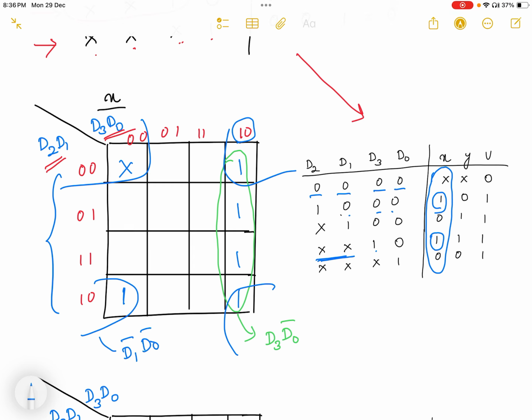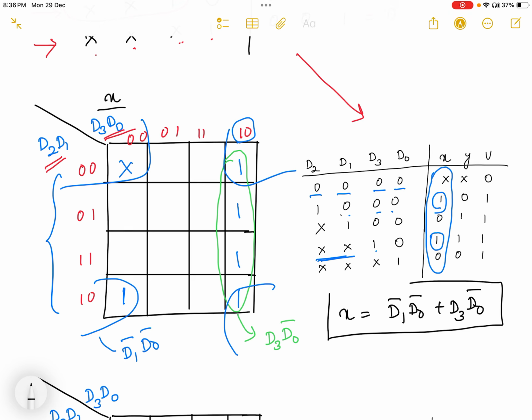So I can get X equal to D1 bar D0 bar plus D3 into D0 bar. This is the relationship between input and output for X.